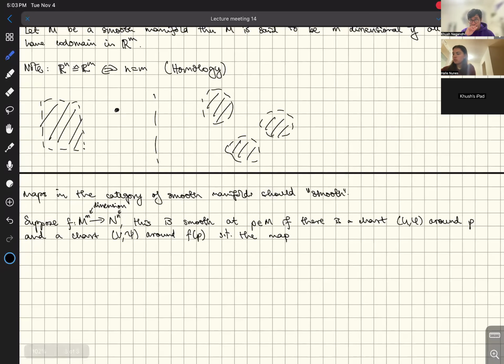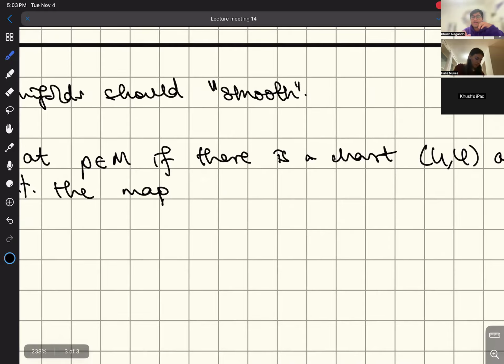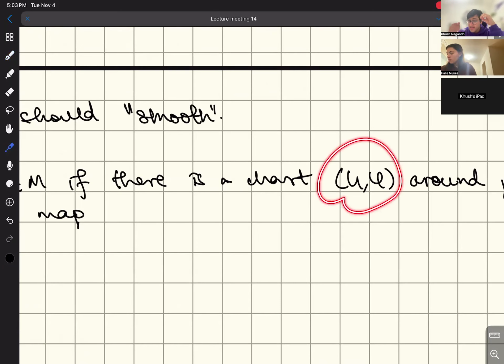To do this, we're going to take F, pull it back using the inverse of a map, and then push it forward using another map. So we want to start in the open set around the point P, but its image by the chart, so we want to start in R^m.